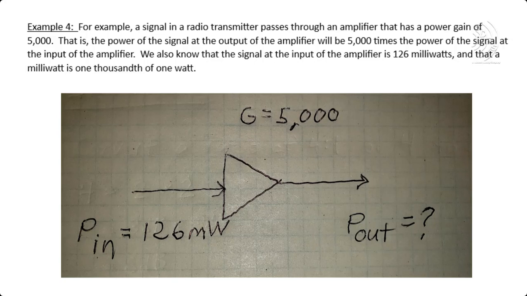And in this example, a signal in a radio transmitter passes through an amplifier that has a power gain of 5,000. That is, the power of the signal at the output of the amplifier will be 5,000 times the power of the signal at the input of the amplifier. We also know that the signal at the input of the amplifier is 126 milliwatts, and that a milliwatt is 1,000th of 1 watt.